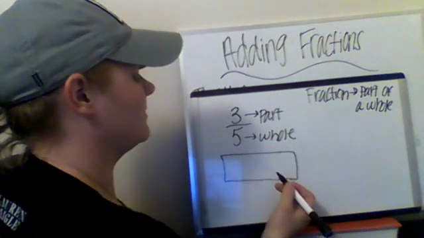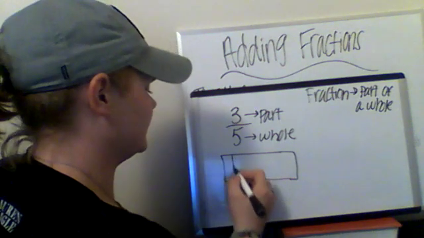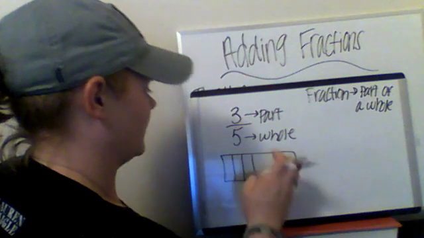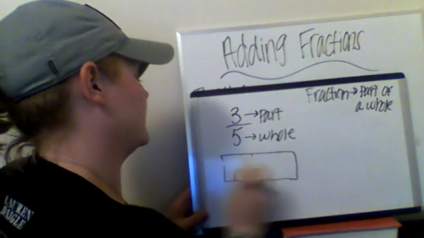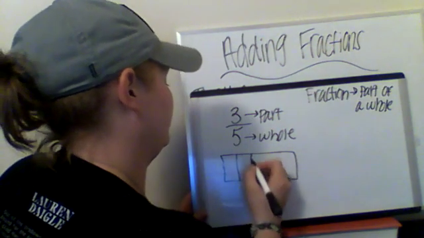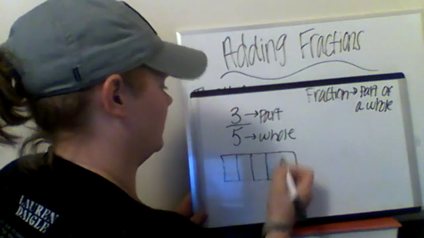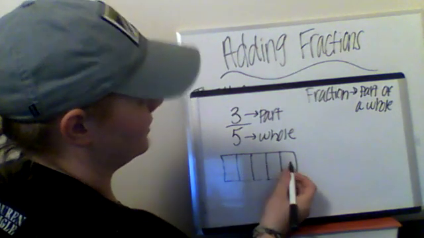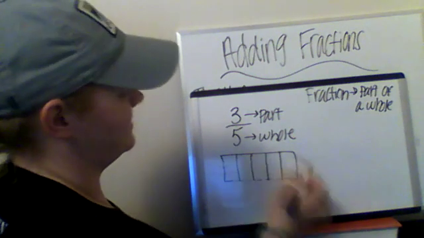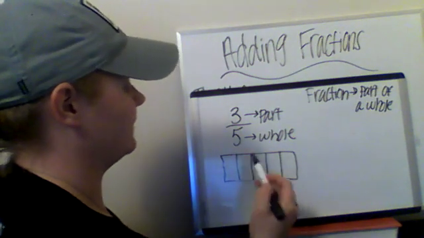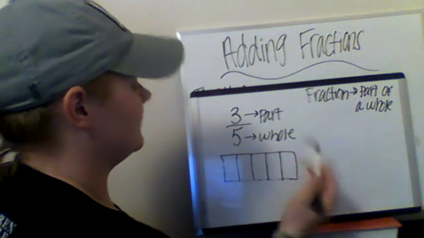So I'm going to cut my rectangle up into 5 pieces. Okay, I'm going to erase that and make it a little bigger so I can use my whole rectangle. Okay, so I have 1, 2, 3, 4, 5 pieces. So this is my whole. 5 equal pieces is my whole.